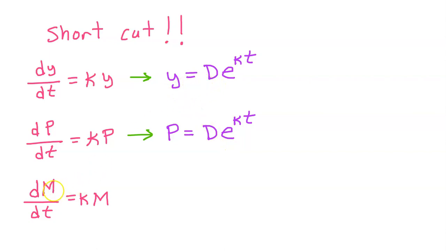So anytime the rate of change of a quantity is proportional to itself, you can just automatically skip to the solution, which is going to be, like in this case, m is equal to d times e to the kt.